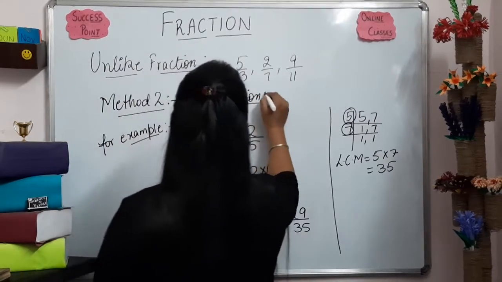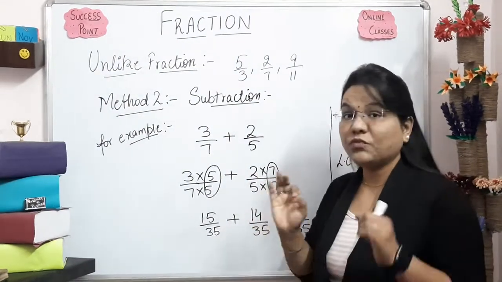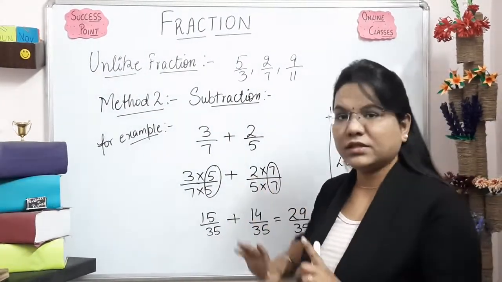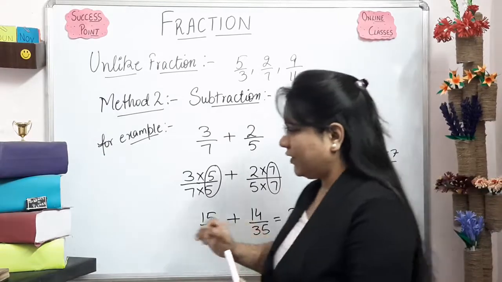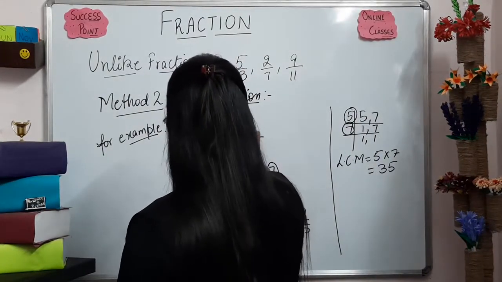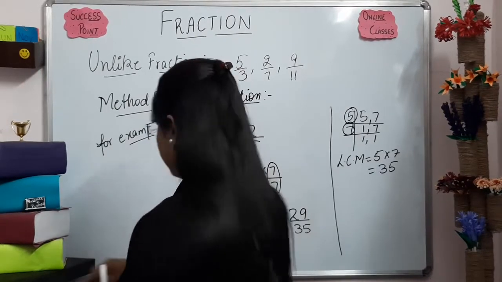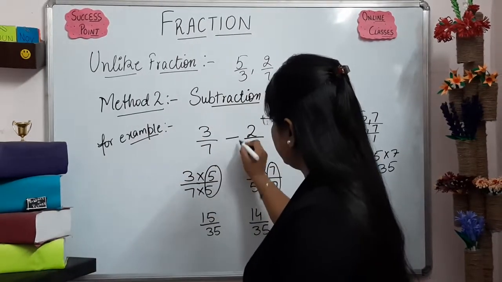Okay, we'll start with the subtraction part. We will use the same method, that is method number 2. The concept and everything will be the same except addition; we need to perform subtraction. So we will use minus here.